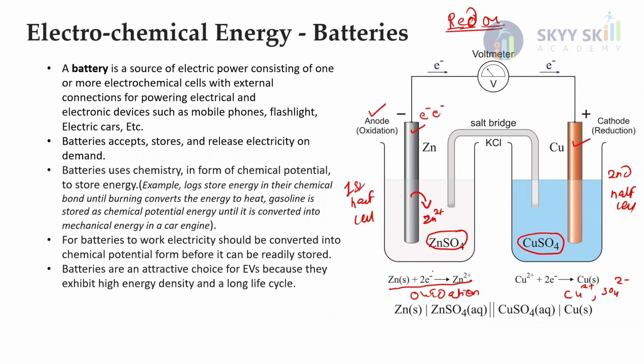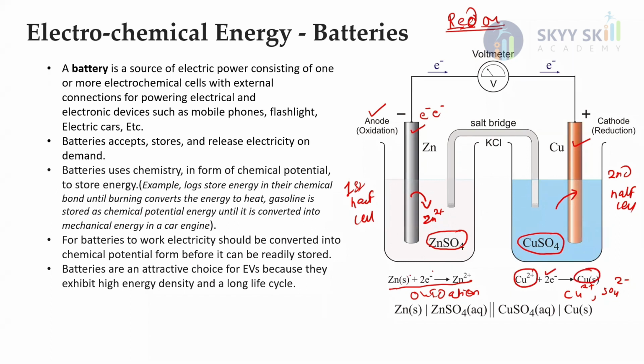So when the copper is ionized and on one side there are enough electrons available, what the copper will do? It will accept the electron from this copper electrode and gets deposited on the copper electrode. So this reaction occurs: Cu2+ gains 2 electrons, becomes copper metal.